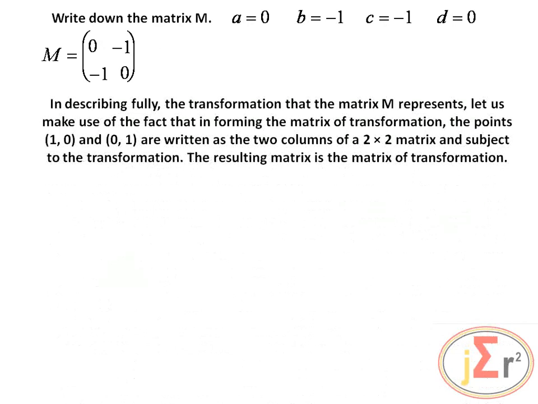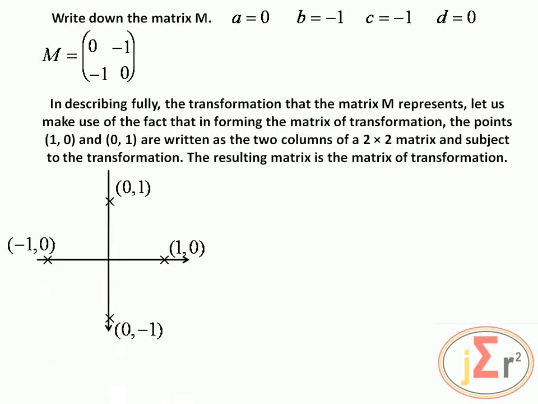In describing fully the transformation that the matrix M represents, let us make use of the fact that in forming the matrix of transformation, the points 1, 0 and 0, 1 are written as the two columns of a 2 by 2 matrix and subjected to the transformation. The resulting matrix is the matrix of transformation.